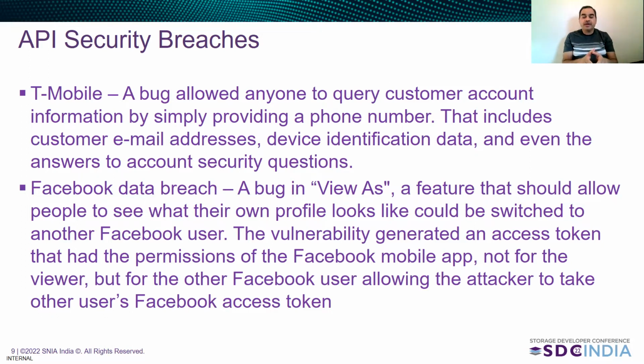So let's talk about API security breaches, just to give you a feel about what kind of attacks have happened so far. These are old examples, but these are kind of the juicy examples that I wanted to share.